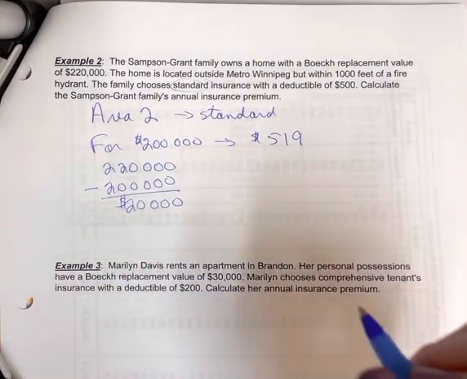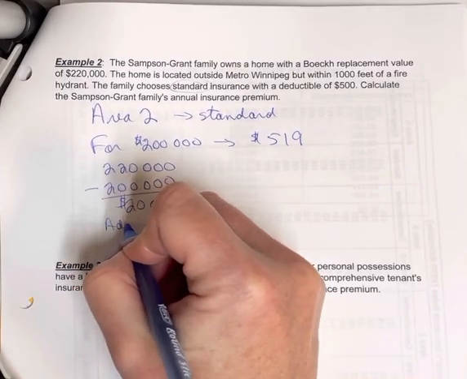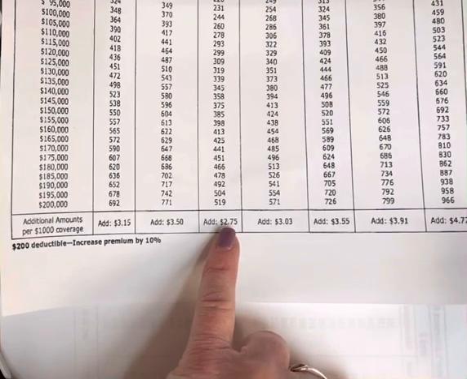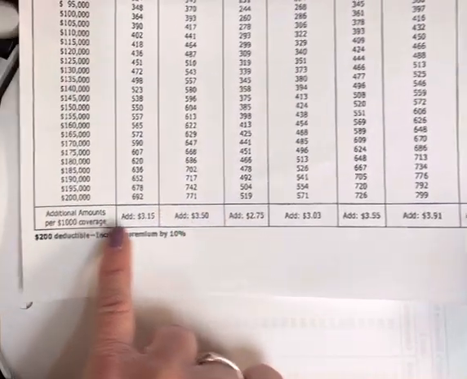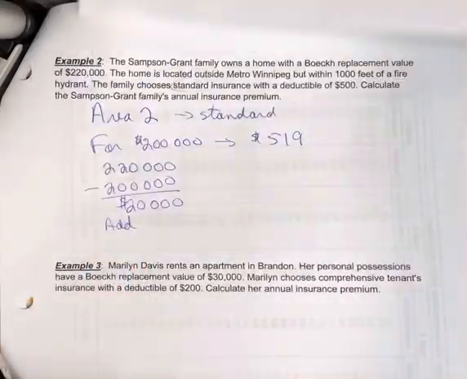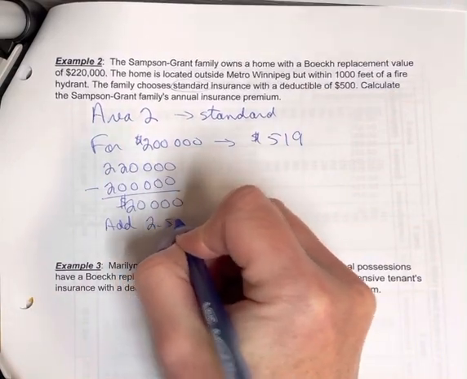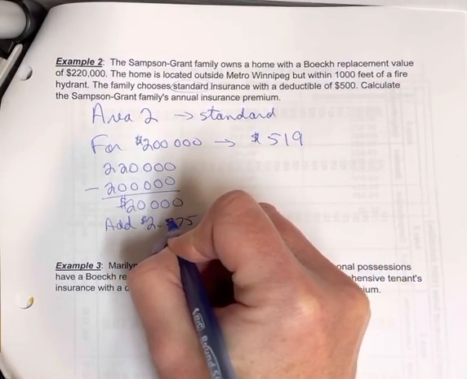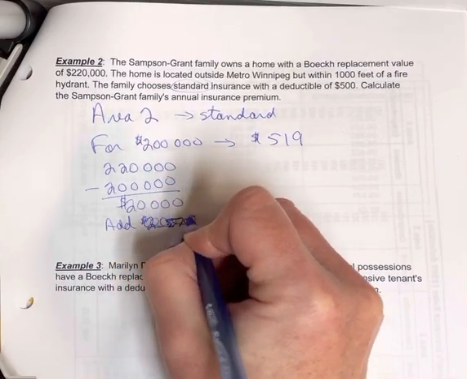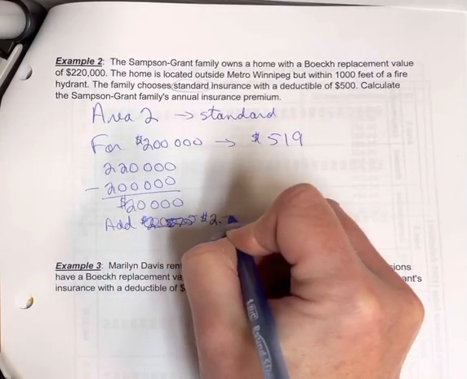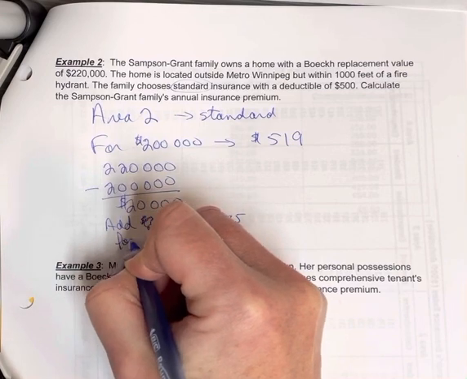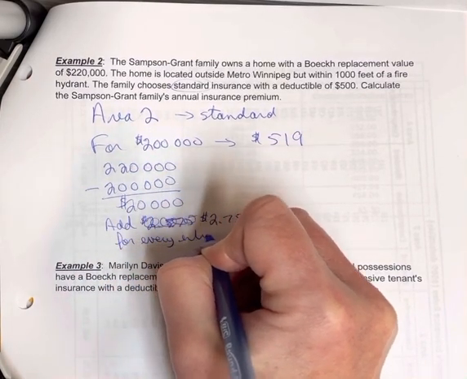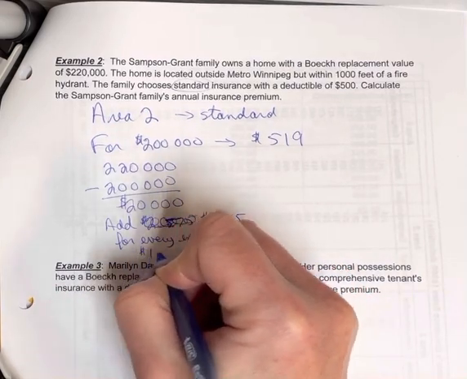So what we're going to have to do is add, and I'm going to go to my table here, for this column, $2.75 for every $1,000 of coverage. So we're going to add $2.75. Oops, I put in a little extra 5 there. $2.70 here. I'm just going to rewrite that. $2.75 for every extra $1,000.